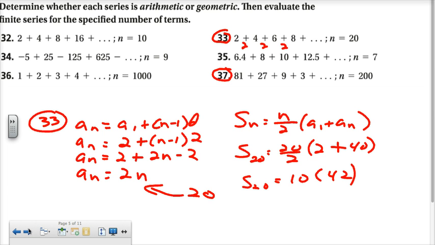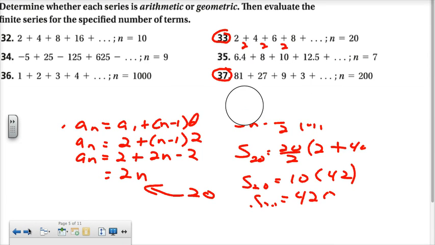Divided by 2 is going to give you 10. So 10 times 42 is 420. So you recognize which type of series it is, and then pick the correct rules and formulas to use with that.